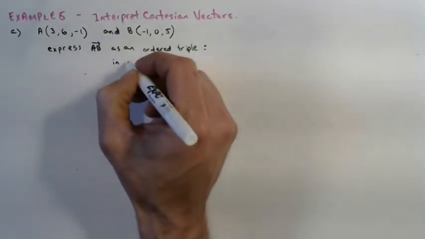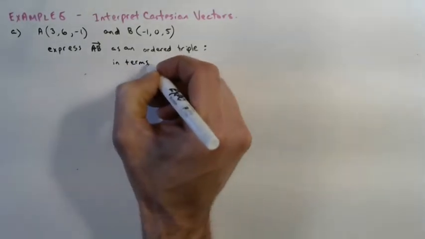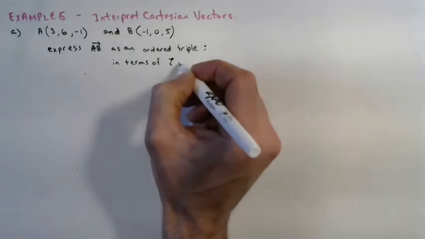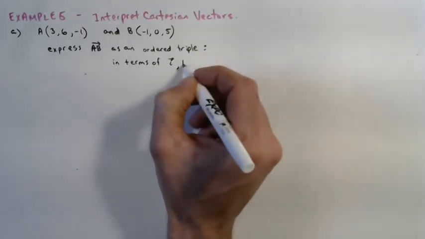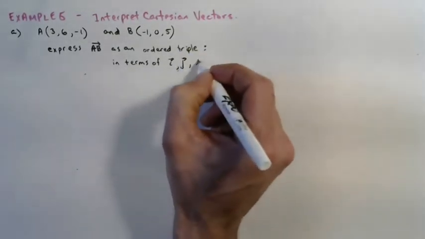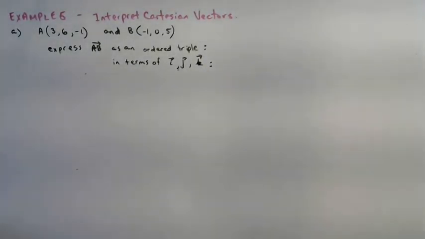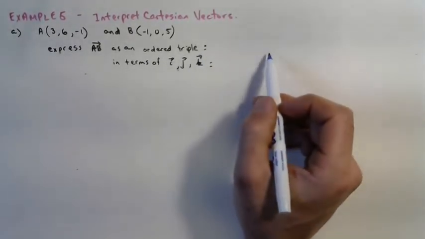Then in terms of I, J, and K. So the sum of the multiples of I, J, and K. All right, I'm going to just do it right here. There's not much to it.